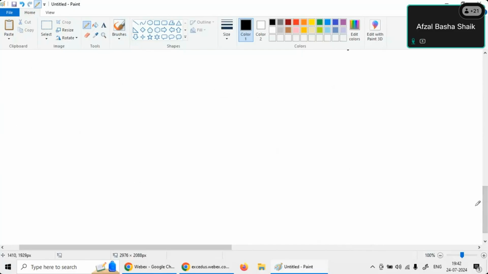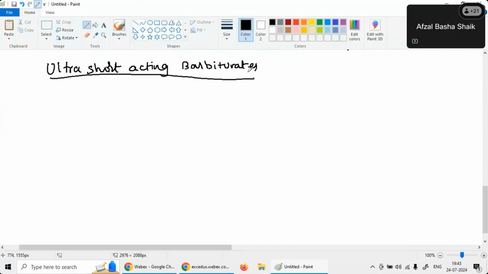So if you take some of the barbiturates, we have classification of barbiturates known as short acting, long acting, intermediate acting, and ultra short acting, right? We take ultra short acting barbiturates.